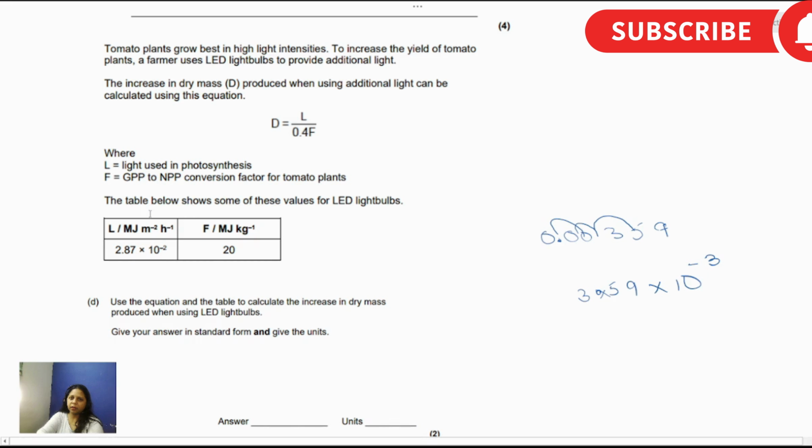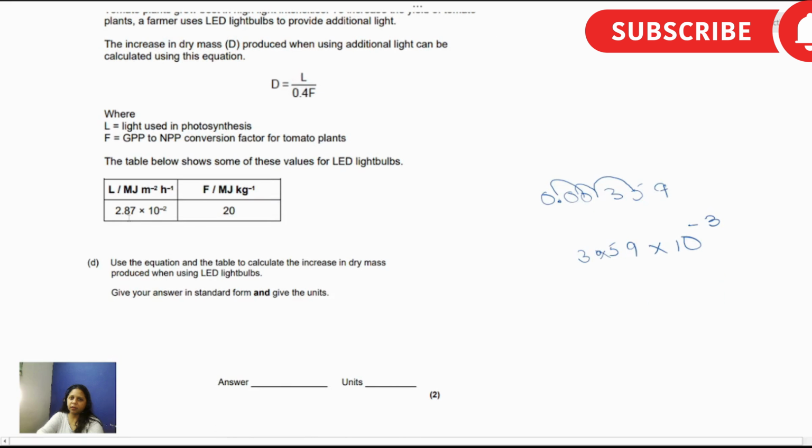Now the units. What would be the units? Just divide them and tell me the units. Okay, the units are this. I'm writing here joules per meter square, or this one, minus 1. Are you good at maths? No, you once told me. Okay, this m and j are cancelled.